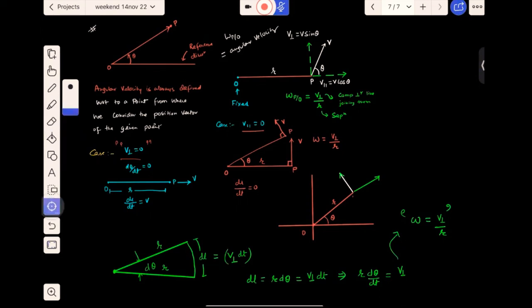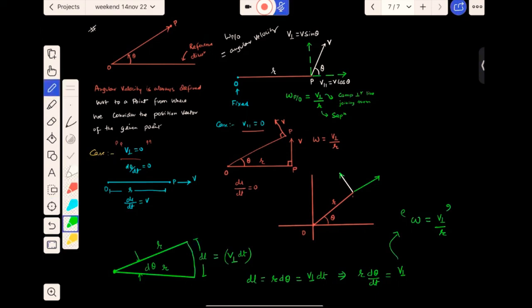No one is having any confusion why I wrote v perpendicular dt, because I'm considering a very small time interval first of all. The velocity vector along this path will decide how much it has traveled along this path, and it is the one in the tangential direction, which is perpendicular to the radius.